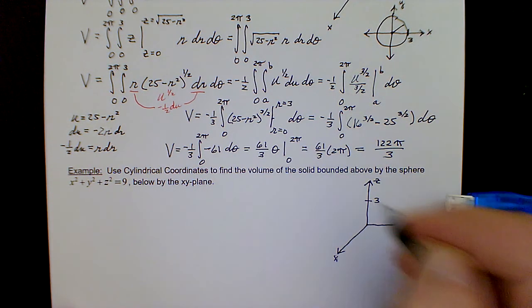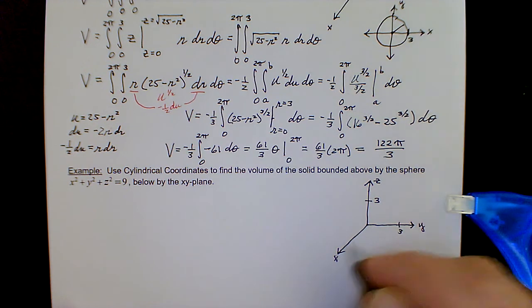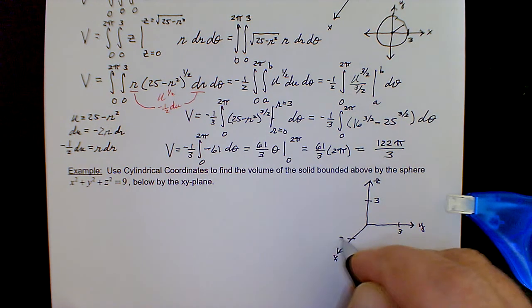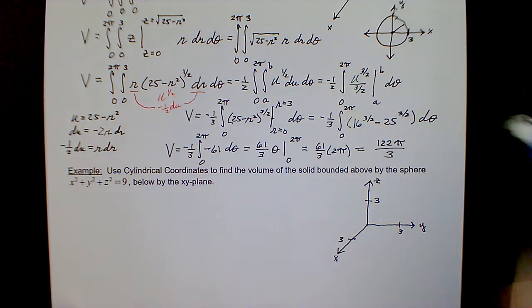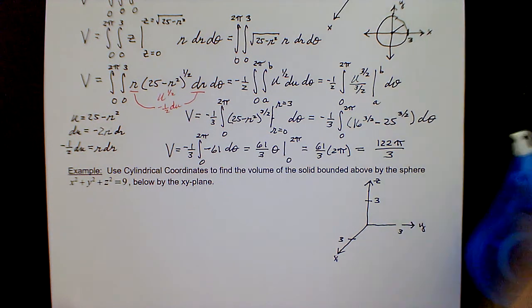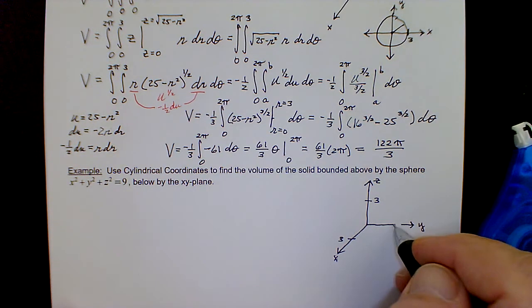So that's all that it is, a hemisphere with a radius of 3. So a sphere with a radius of 3, but the top half.